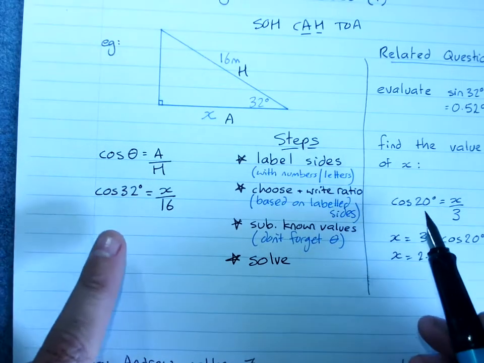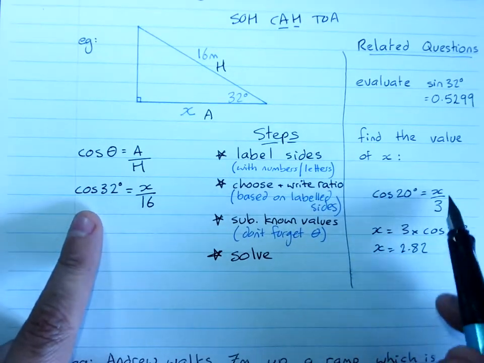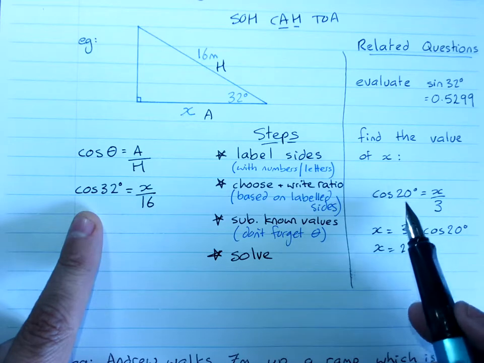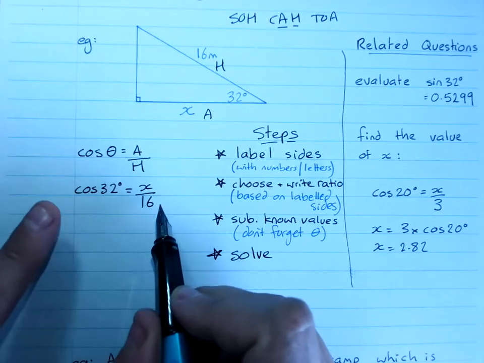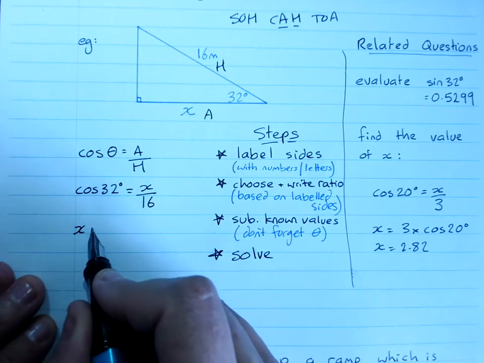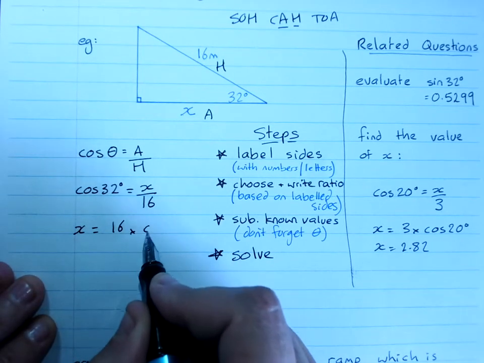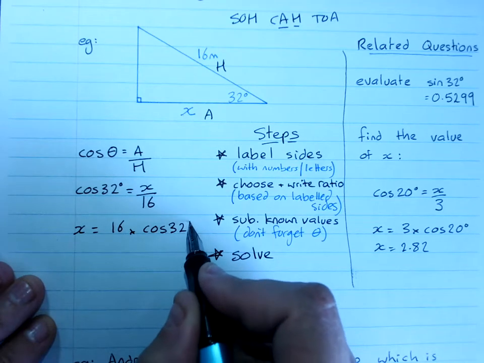And you'll notice that what we've got is something that looks very much like this. So to get x on its own, we're going to multiply both sides by 16. X equals 16 times cos of 32 degrees.